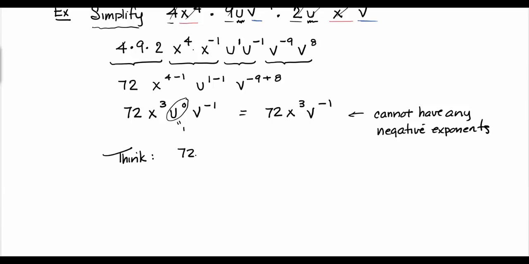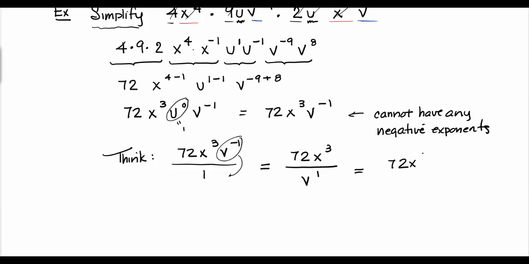This is the same as 72 x cubed v to the negative 1 over 1. Because it's negative in the numerator, I'm going to toss that down there in the denominator. So v to the negative 1 in the numerator simply becomes v to the 1 in the denominator. And I don't even have to write an exponent. It's understood that if it doesn't have an exponent, its exponent is 1. Okay, so that's my simplified answer.